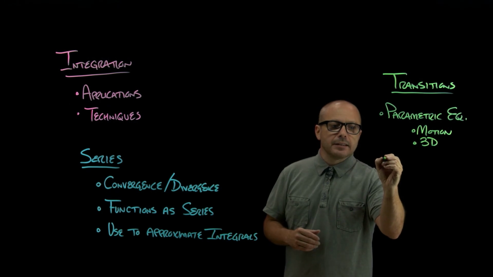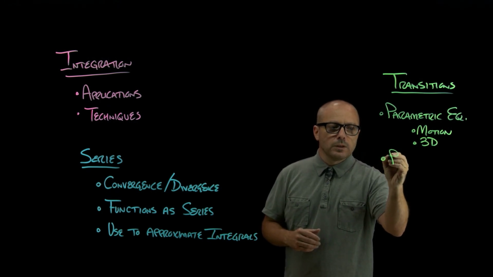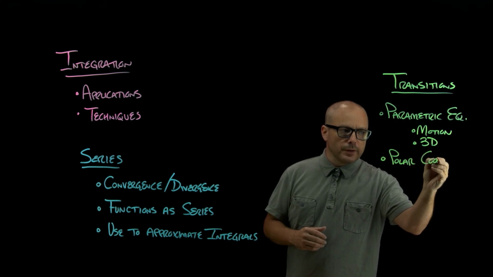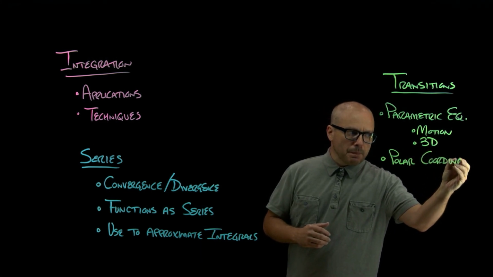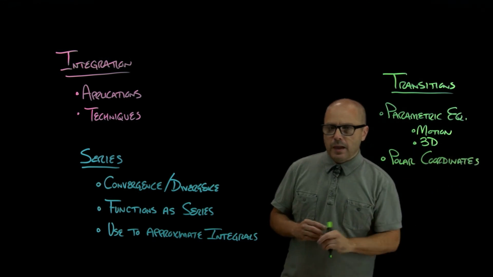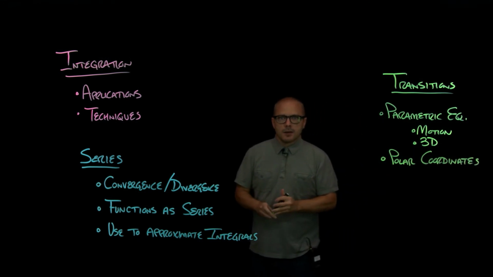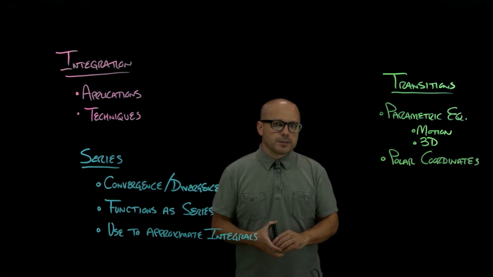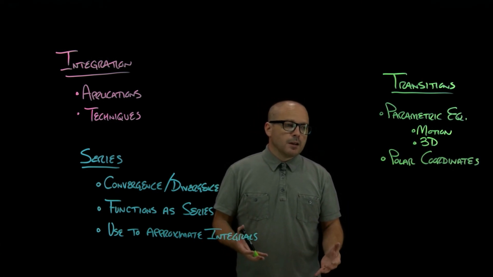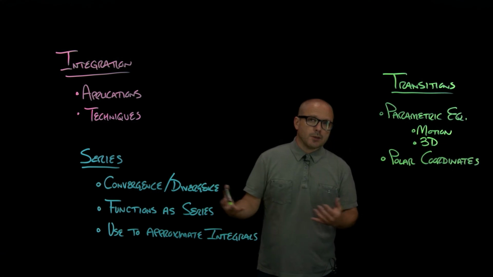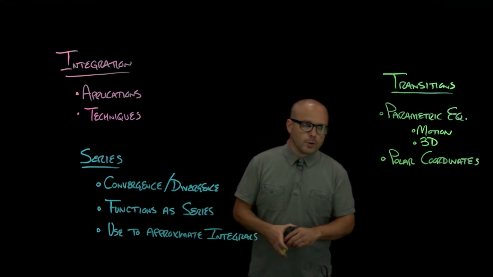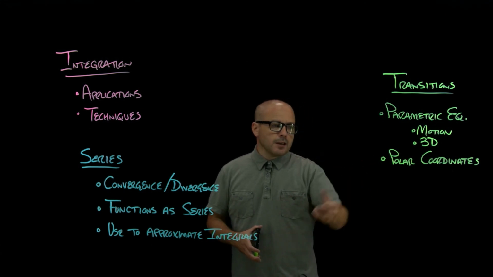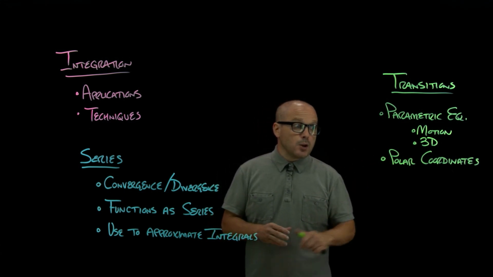And then lastly, we'll look at a different coordinate system called polar coordinates. And the polar coordinates will be a basis for a 3-dimensional coordinate system you'll look at in Calc 3 called cylindrical coordinates, and also another coordinate system called spherical coordinates. So this helps us transition out of 2D into 3D with a new coordinate system.